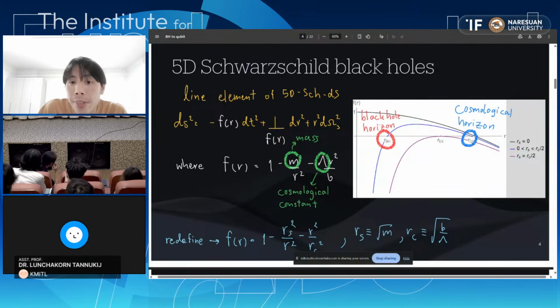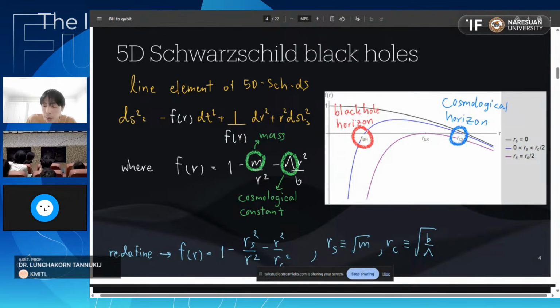You don't know anything inside the black hole horizon from the outside perspective, right? So that's why it gives rise to entropy, because of the uncertainty that you feel. And I think it works the same way for the cosmological horizon. You can't go beyond the cosmological horizon, I think.